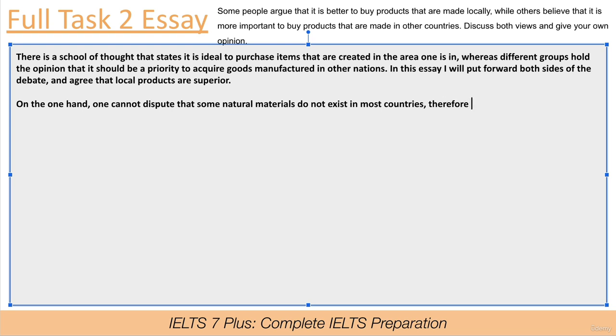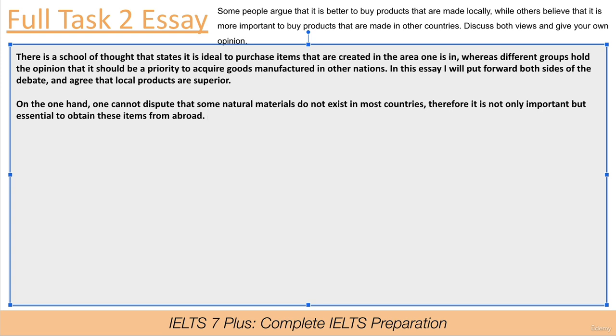Therefore, it is not only important but essential to acquire, to obtain these items from abroad.